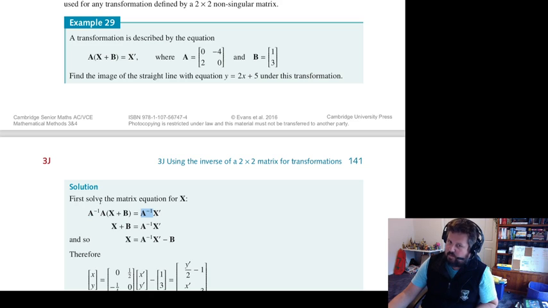Yep, position is important. That's gone there, so you're just left with X plus B, and on the right hand side we've got inverse of A multiplied by X dashed. Again, you've got this B we want to move, take away B from this side.